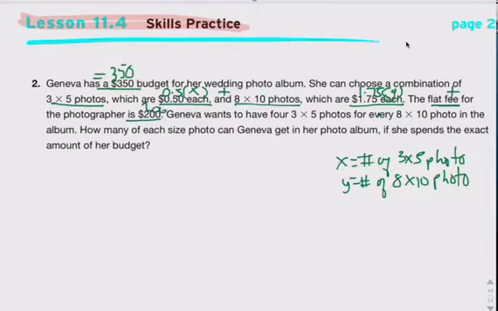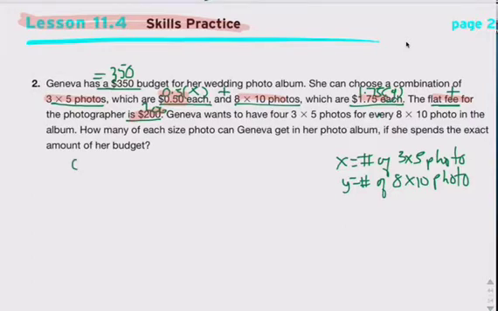So there's the 3 by 5 cost, the 8 by 10 cost, and the fee cost, for all her photos. And she only has $350. So, alright, that sounds like an equation there.